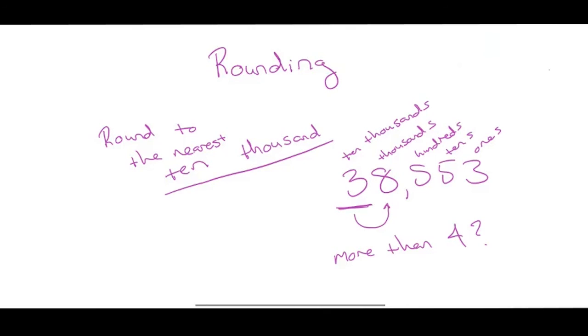Well, 8 is more than 4. So because 8 is more than 4, I will add 1 to the 3. If I add 1 to the 3, then I turn the rest of the digits to the right into 0. So 38,553 rounded to the nearest 10,000 is 40,000.